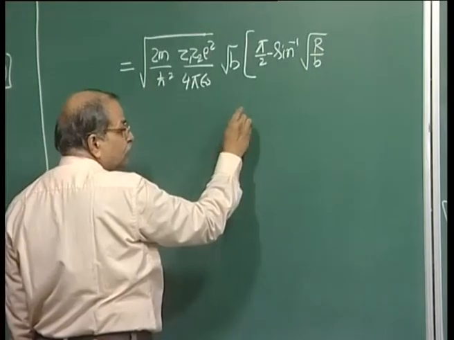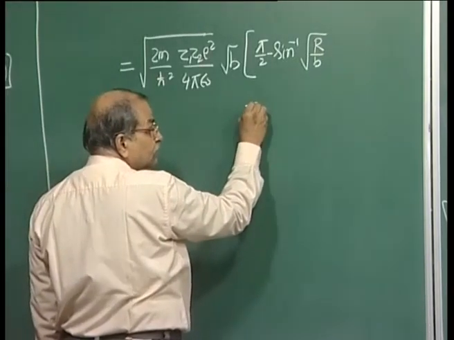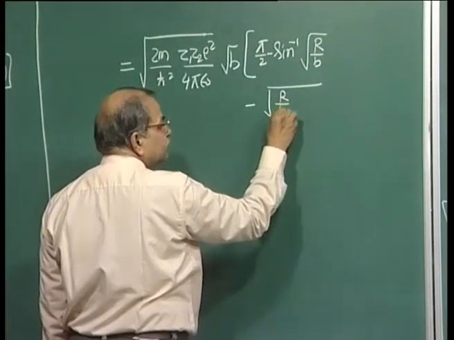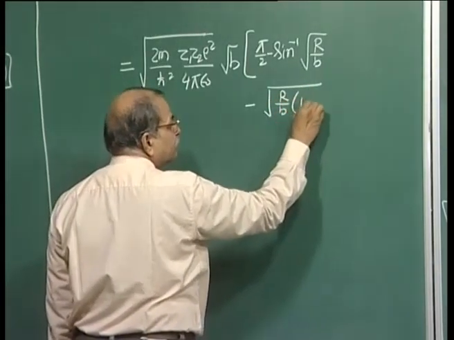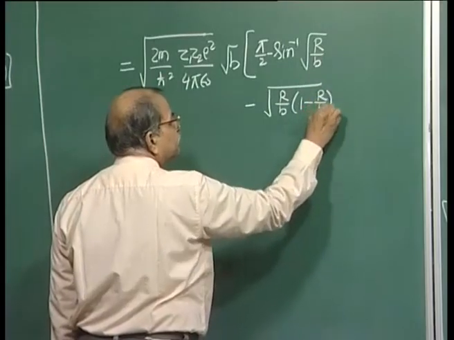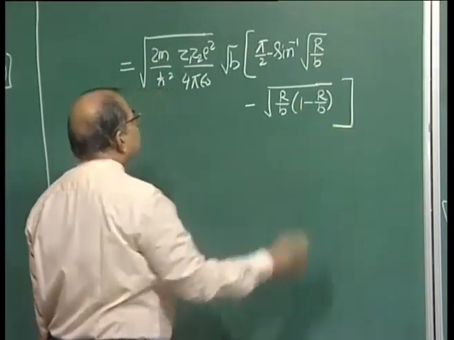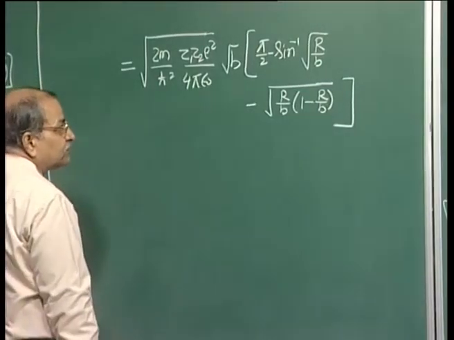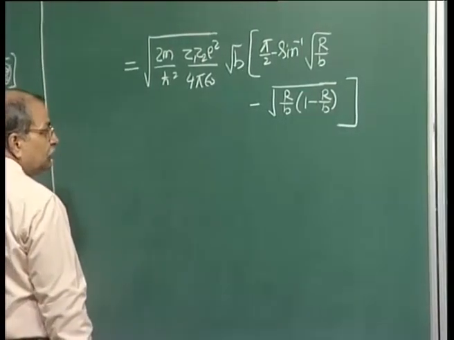So, that is the first two terms, and then you have minus square root of r by b times 1 minus r by b. So, that is the value of g.